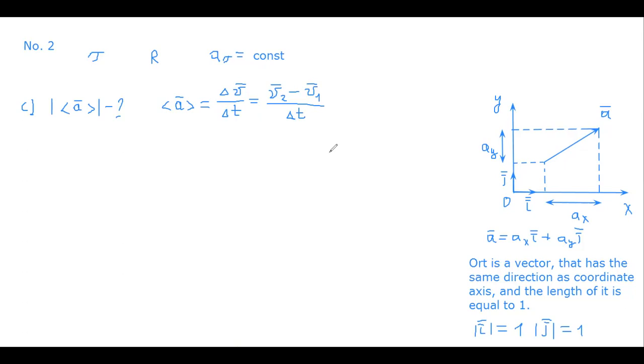So the problem: our task is to find v2 and v1, the initial and final values of the vector of velocity. So how can we do this? Maybe I'll redraw my picture because we need it again.